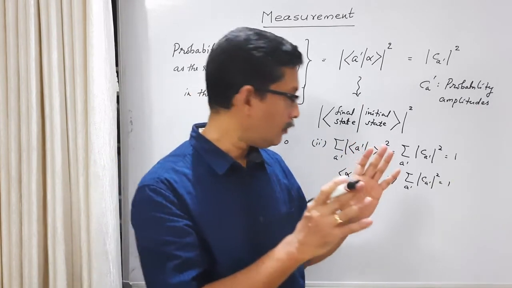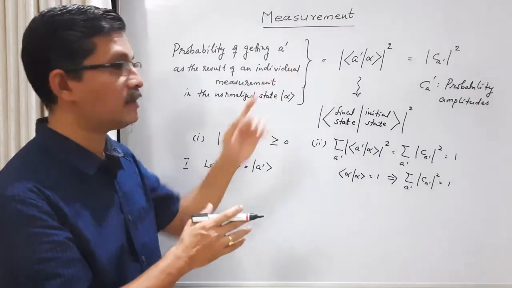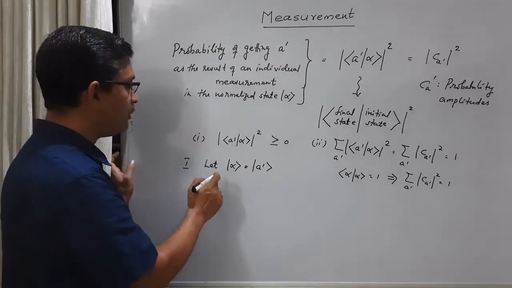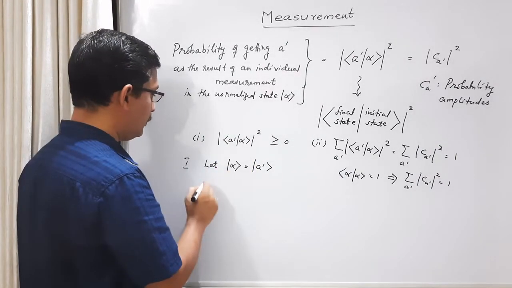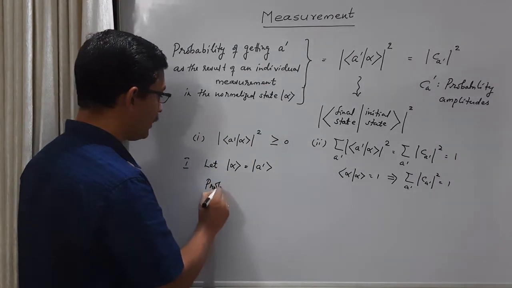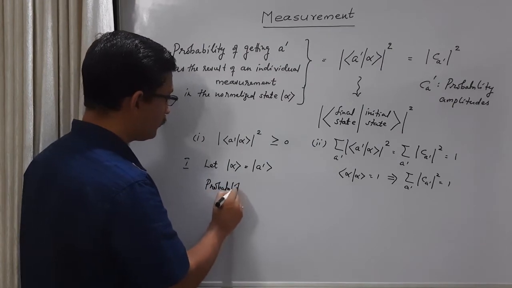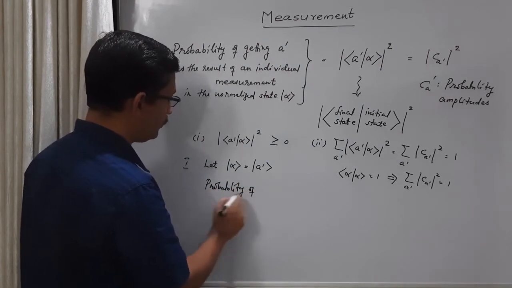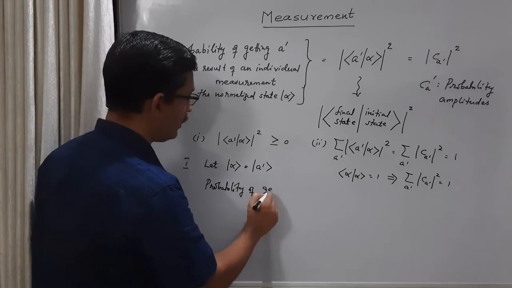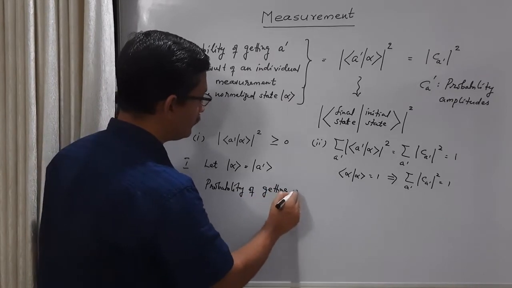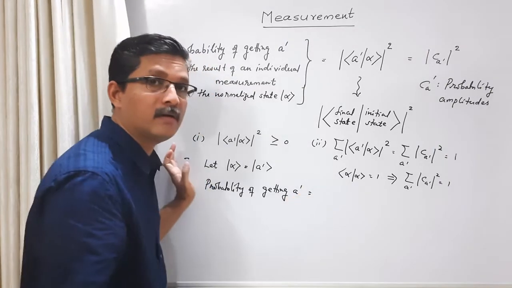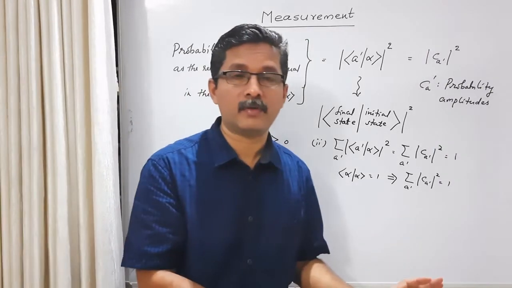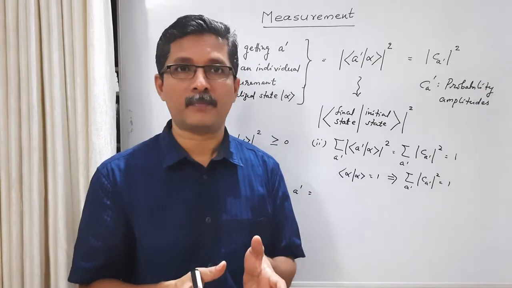Let us see if we get that from this expression of probability. If the initial state is an eigenstate, what is the probability of getting A prime? Physically, what should it be? We know that surely you will get A prime because the initial state is ket A prime.